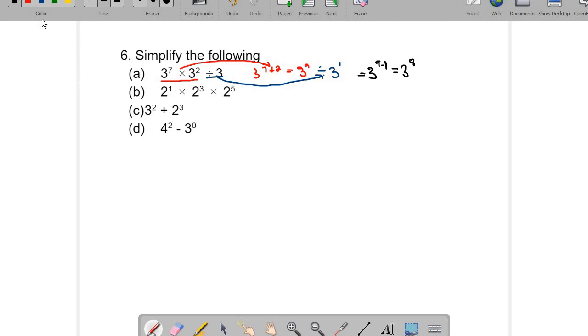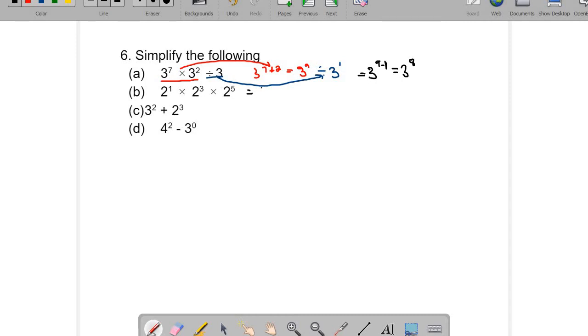Alright, let's do question B. The only operation here is multiplication. Sorry about that. Okay, the only operation here is multiplication. So we can just add up all of the powers at once. They all have the same base. So we can apply the law for multiplying numbers with the same base.